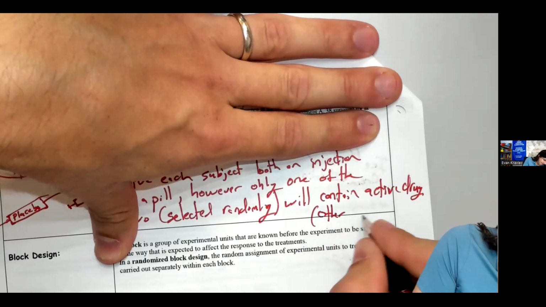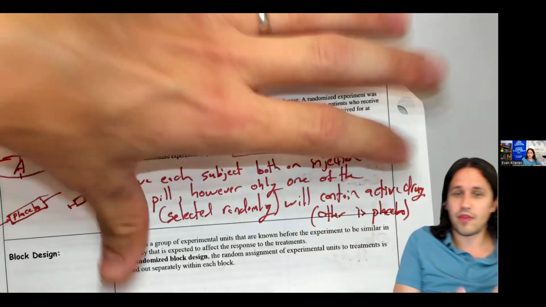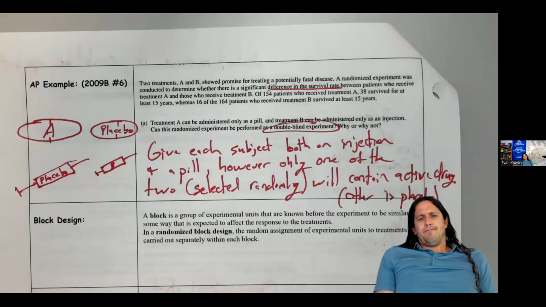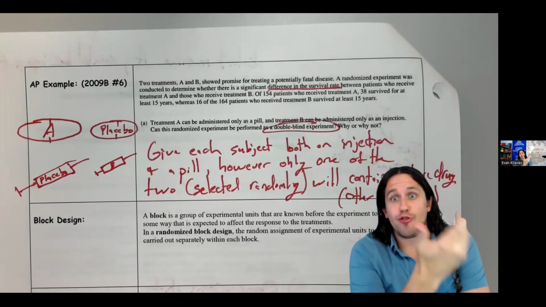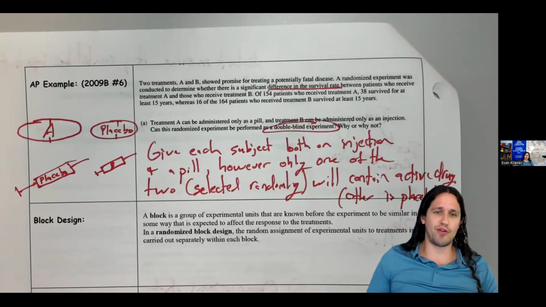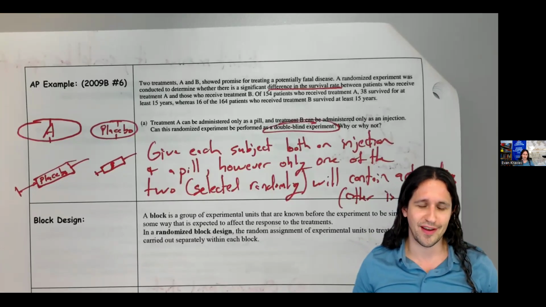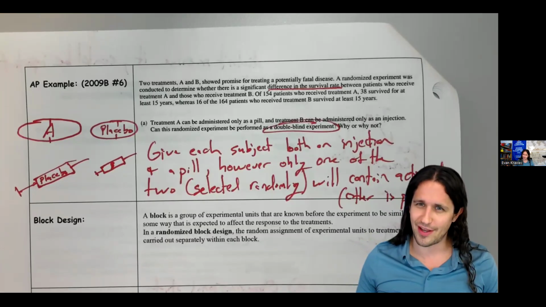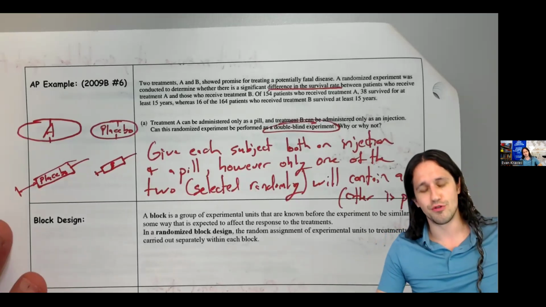The other is a placebo. Got to go back to definitions. We got to go back to definitions when we're answering these questions, saying how can we make it so nobody knows what they're getting? But one looks like this and the other looks like that. Well, we have to kind of give them both and keep them in a state of confusion.